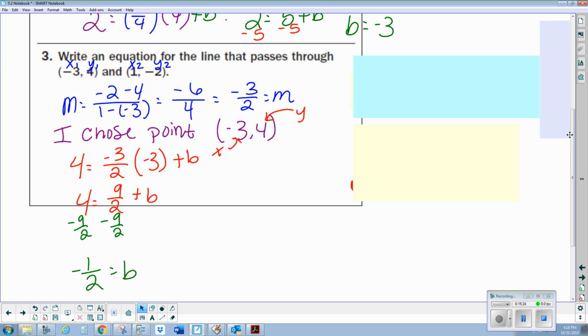So if I take 4 minus 4 and a half, I get -1/2. That's my b. And I can use that to write a new equation, because now I know slope and I know y-intercept. So my equation now is y = -3/2 x - 1/2.